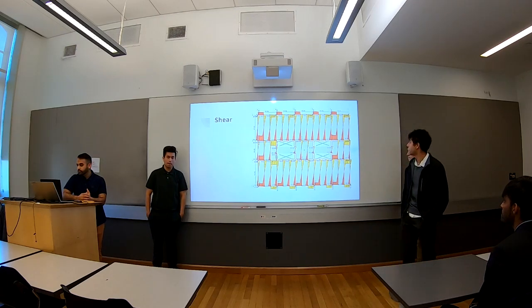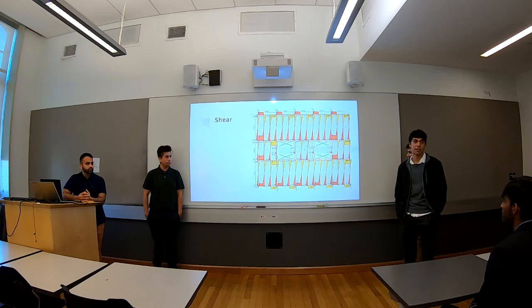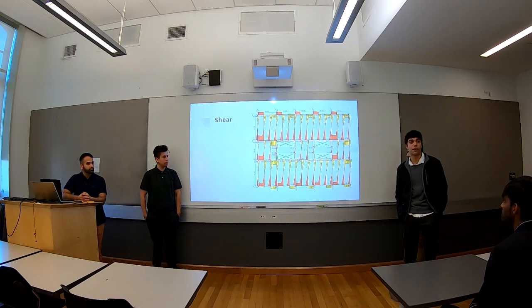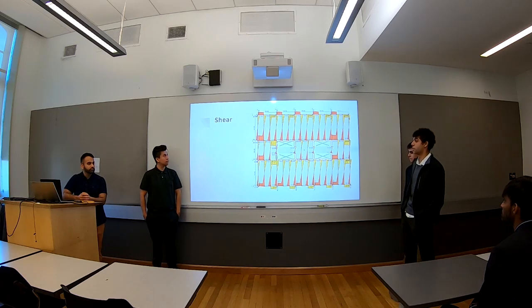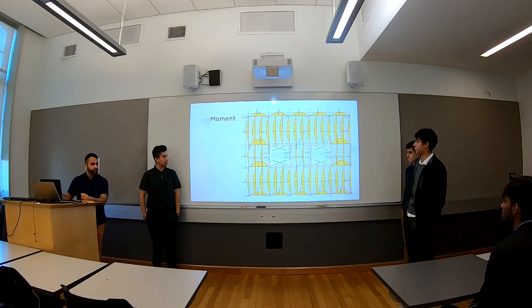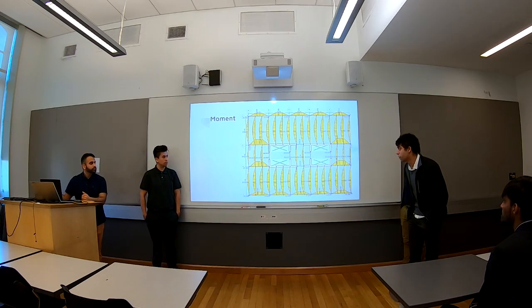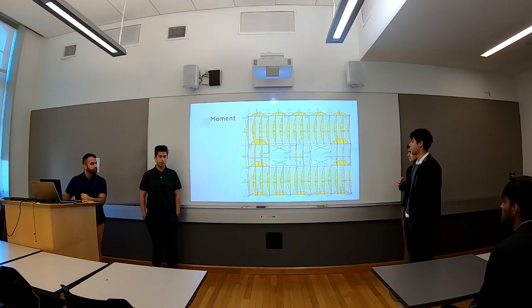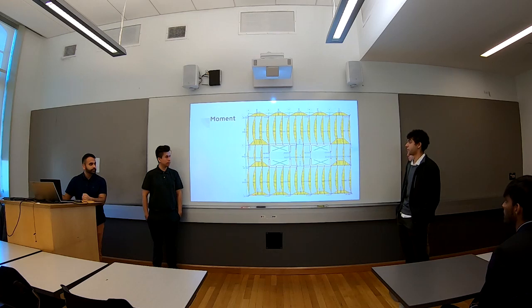To calculate the shear, we multiplied the tributary width by the pounds per square foot to get a load per linear foot, in order to use the shear equations for a composite beam. Then we did the same thing for moment, using the moment equations for composite beams, and we came out with the same values that were given in ETABS.